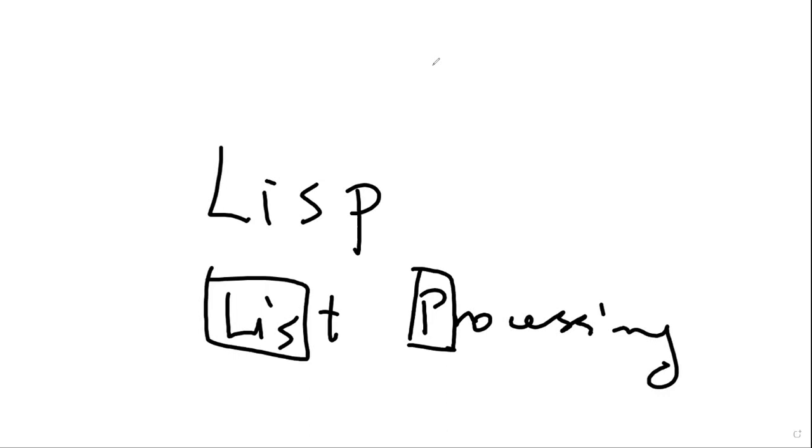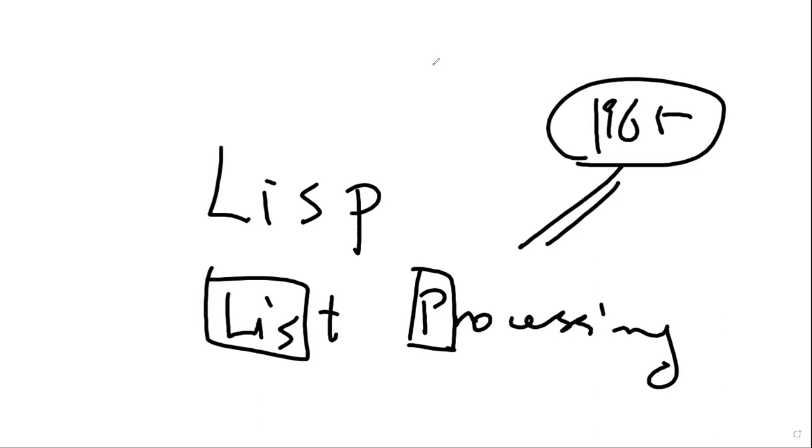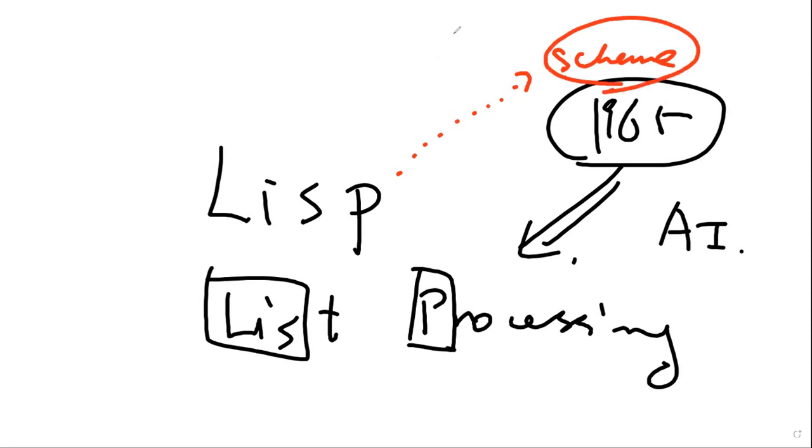Originally they came up with the idea of functional programming around 1965, already with the idea of AI and list processing. That's the starting point of Lisp. Later the language developed and became Scheme, modified a little bit. Then a few years later it became the so-called Racket now.